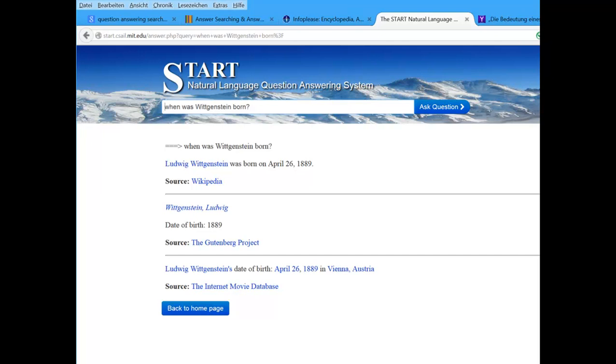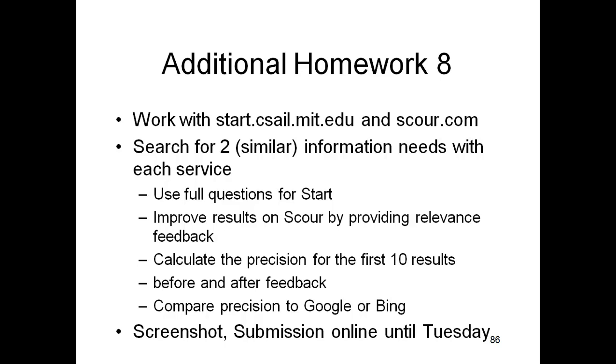But at least in this case they don't contradict themselves. Again, here you get another result, same actually. And if I have 3 sources giving the same answer, it might be true, right? So try these things. Scour is also a system that you can use.